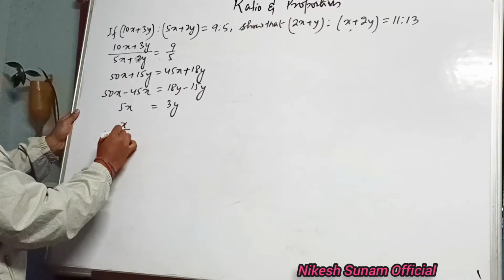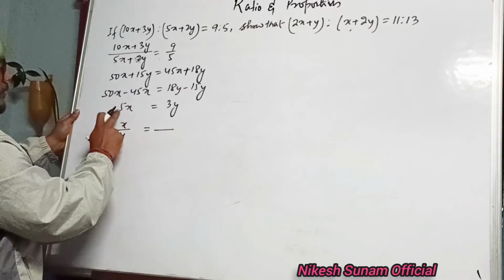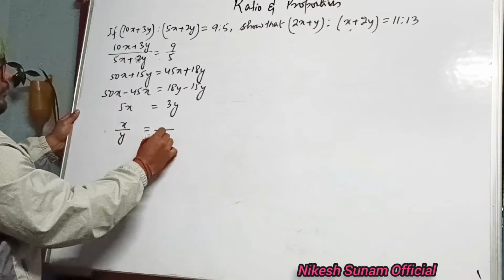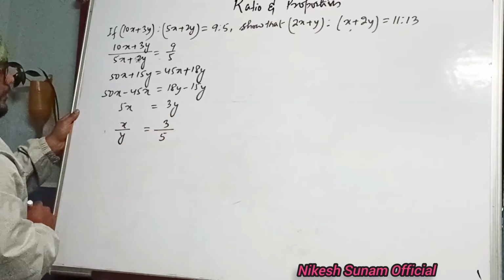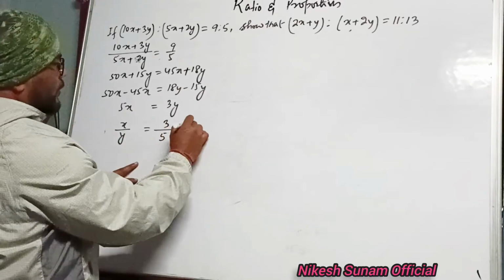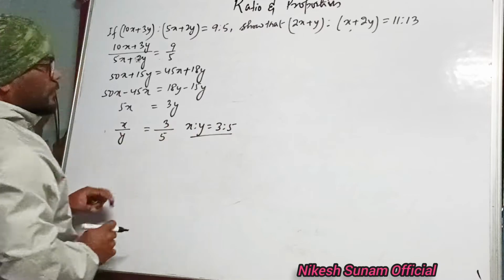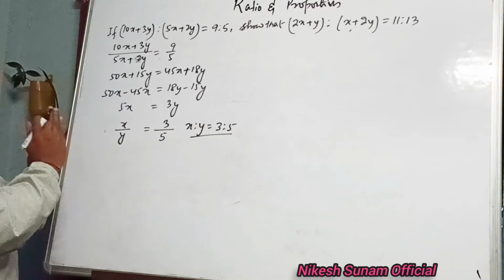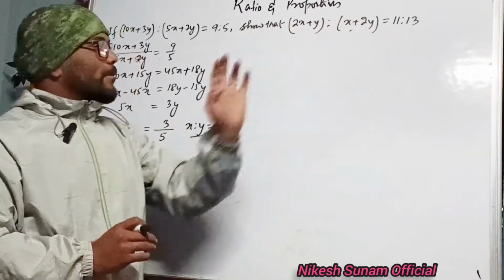Now what are you supposed to do? For x by y, the coefficient of x is 5, you replace with 5, and the coefficient of y is 3, you get 3. So from this relation, if the question asks you to find the value of x is to y, you have found it as 3 is to 5. But in this question, you have to proceed further to prove this one.